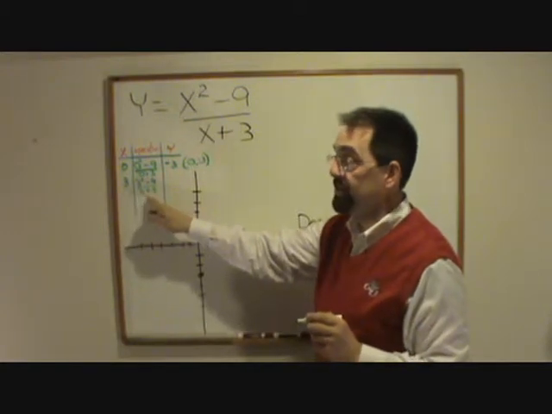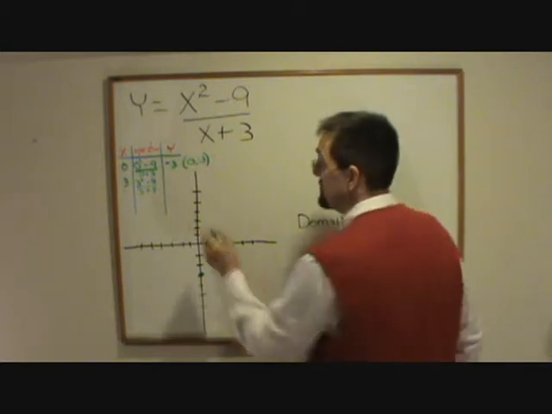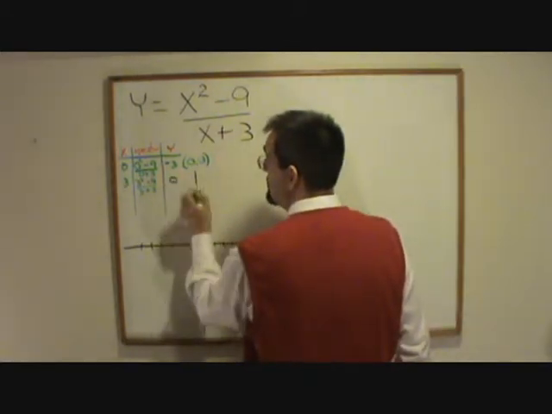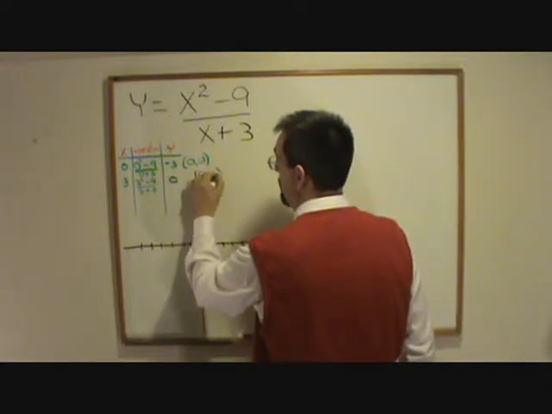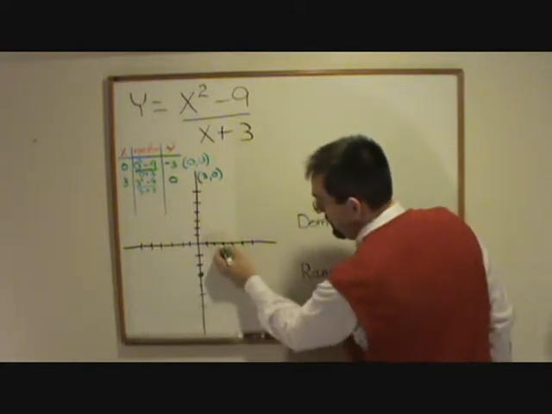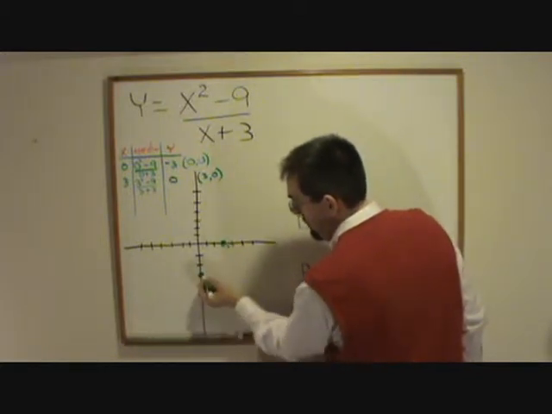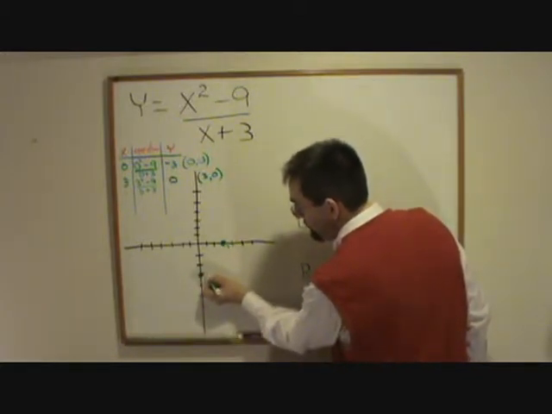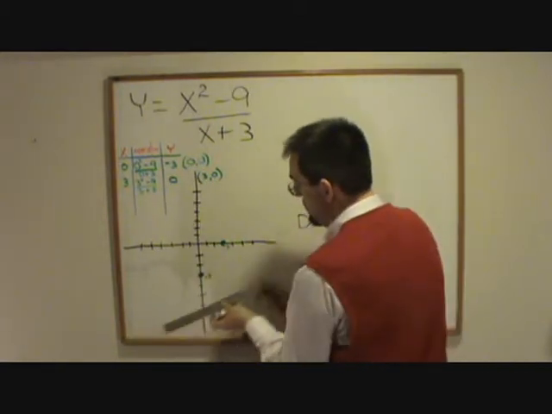And 3 plus 3 is 6, so it's 0 divided by 6. 0 divided by any number is 0. So our second coordinate point is (3, 0). 1, 2, 3, comma 0. Put a spot right there. This one was (0, -3). Now we have our 2 points.